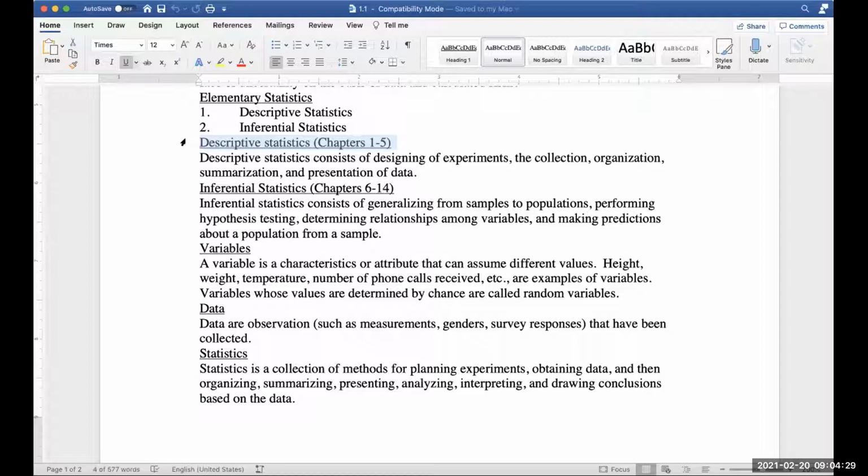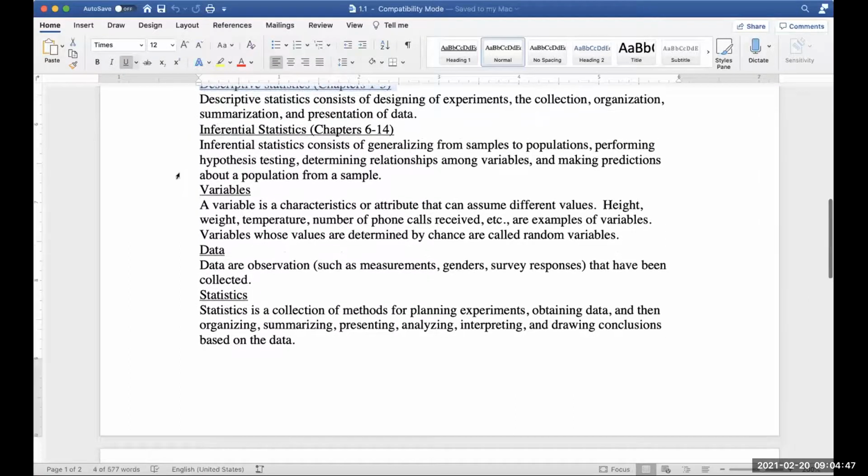So in the first part of this course, we're doing descriptive statistics. And then once you've got that down, then we'll be able to answer some of the questions that we wish to answer.